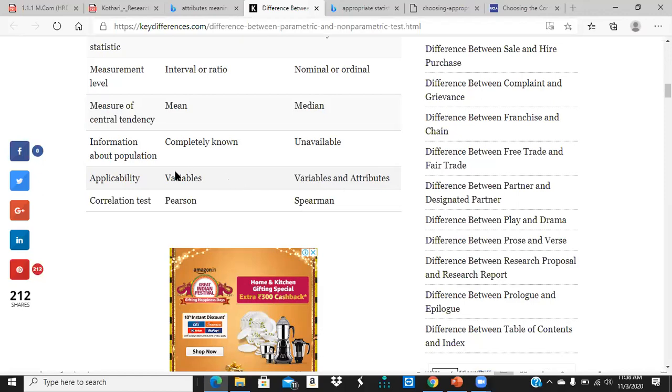So if your data is completely variable, then you can go for a parametric test. And sometimes what happens is that the dependent variable is in the form of numbers, but the independent variable is in the form of categories or nominal data. At that time, we have to go for a non-parametric test.